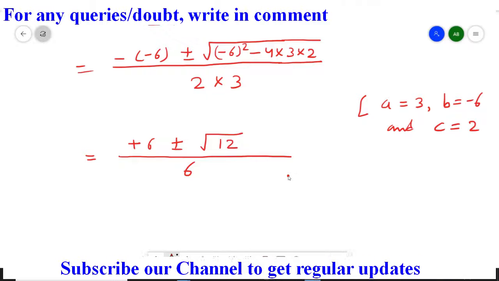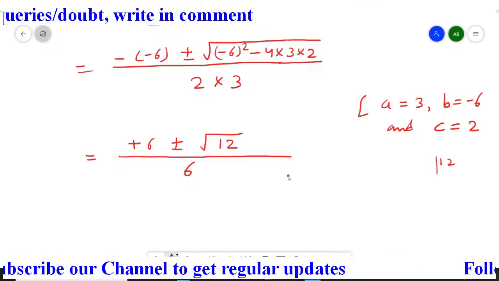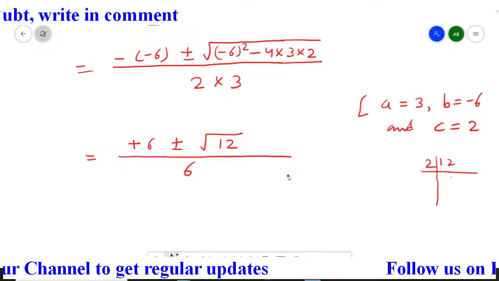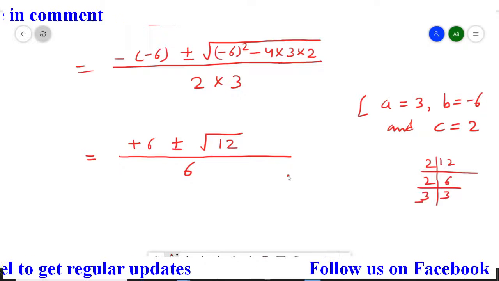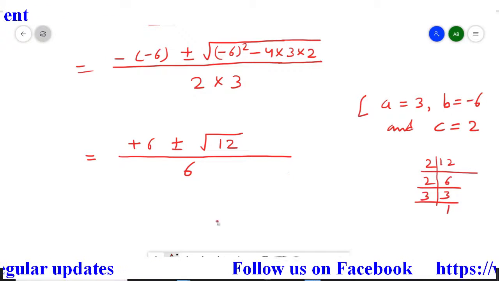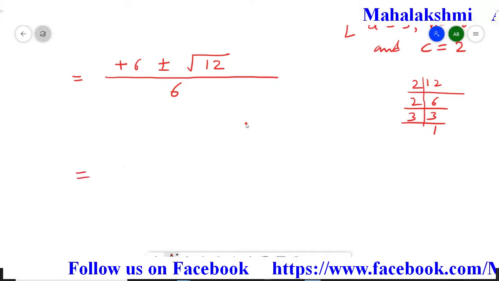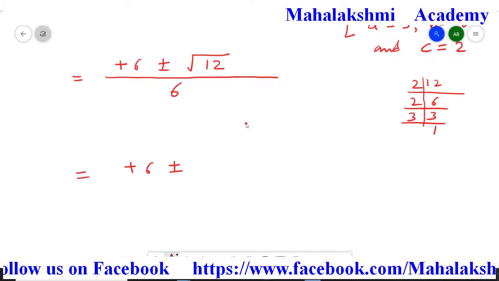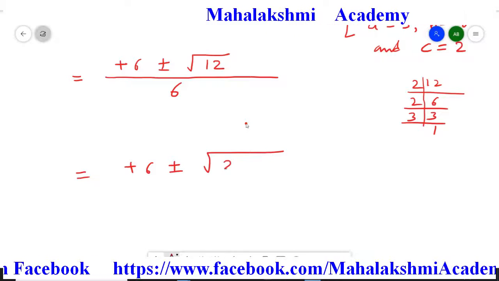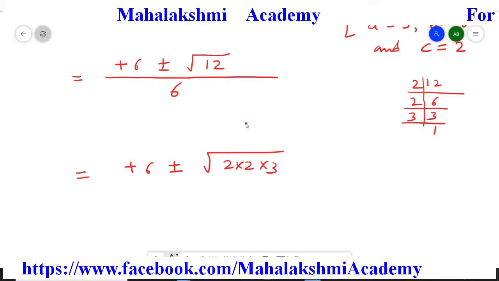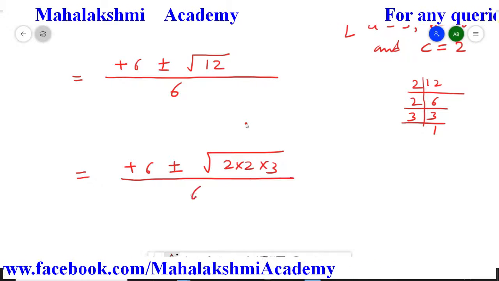Now this 12 we are going to factorize here. The factors of 12 are 2 6s are 12, 2 3s are 6, 3 1s are 3. So we will get plus 6 plus minus square root of 2 multiplied by 2 multiplied by 3 upon 6.